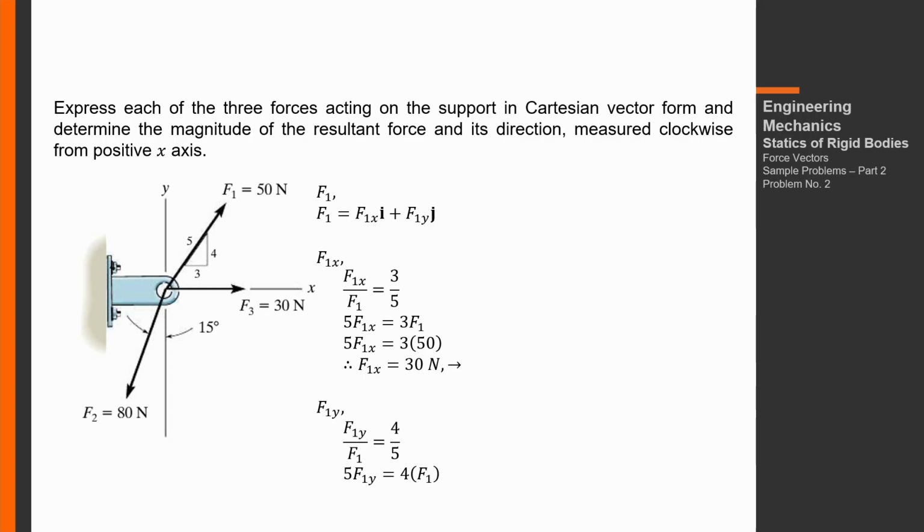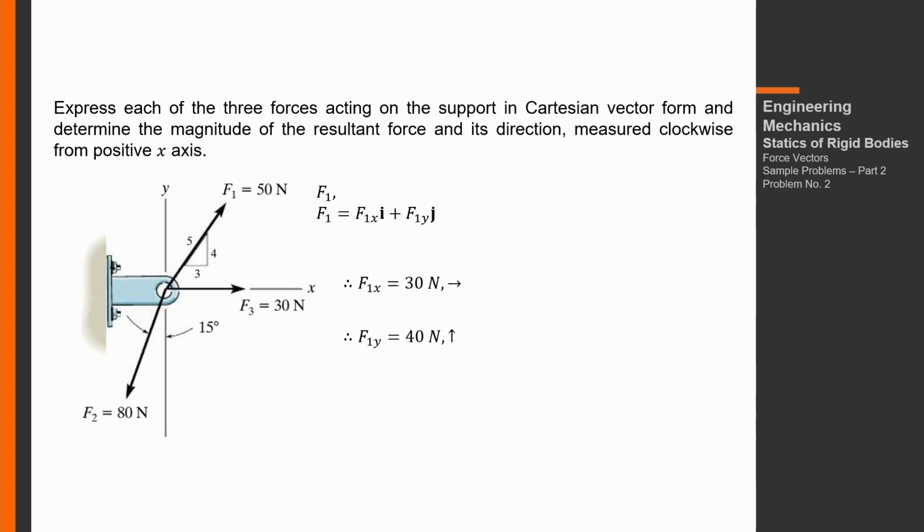Multiply both sides by 5 and F1. 4 times 50 is 200, so 200/5 ay 40. Therefore, y component ng F1 ay 40 newtons upward. Therefore, as Cartesian vector, ganito yung form.